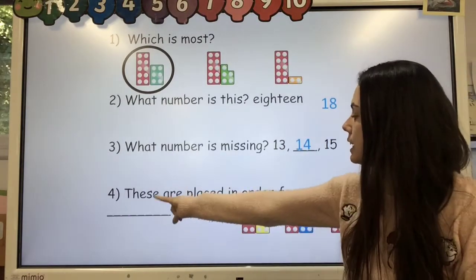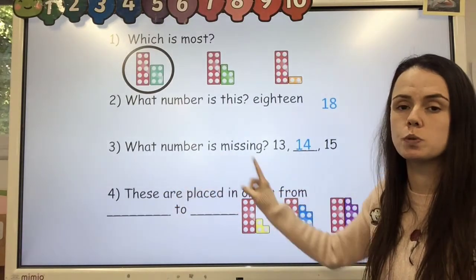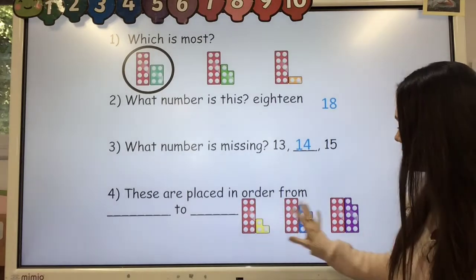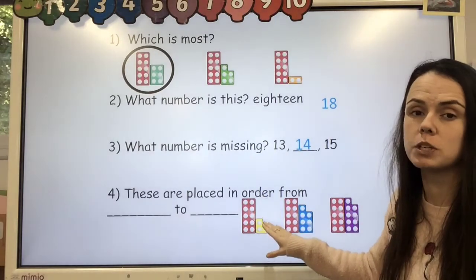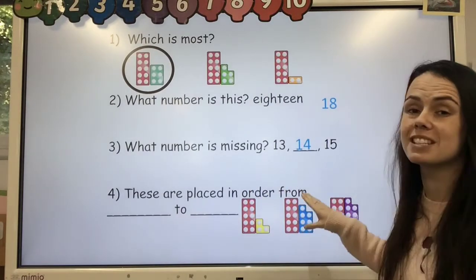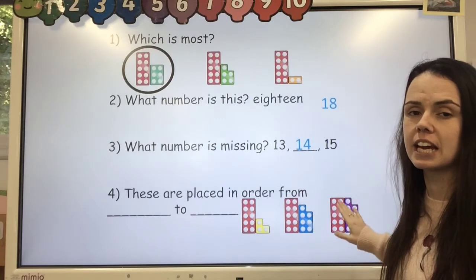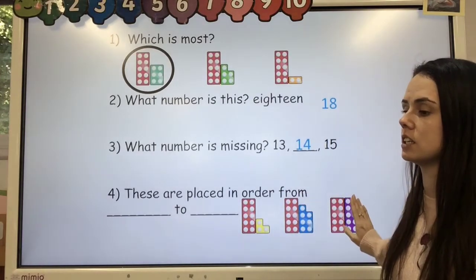And now let's have a look down here. These are placed in order from something to something. We've got the number 10 and a 3, which is 13, a 10 and a 7, which is 17, and a 10 and a 9, which is 19. So we've got 13, 17, 19.